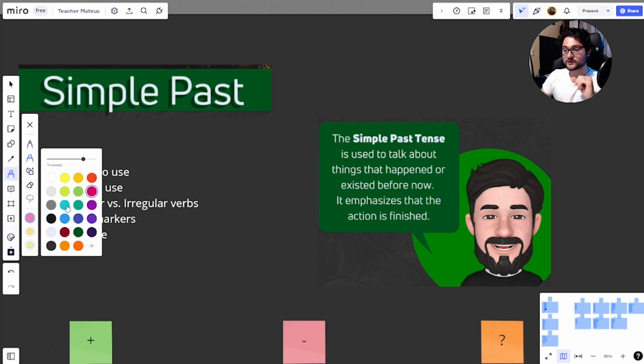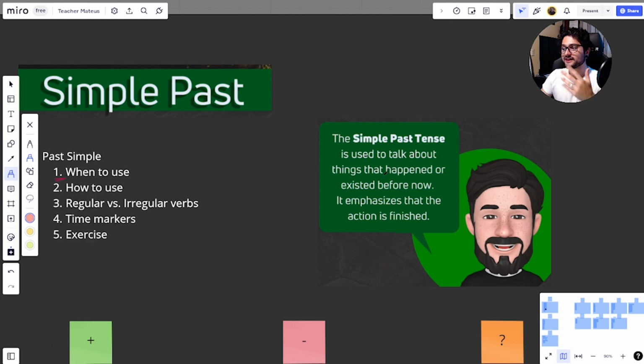The first thing that we can mention, guys, is that the simple past talks about things that happened or existed before this present moment, which we can describe as past. And it emphasizes, so it describes, it informs an action that is finished.